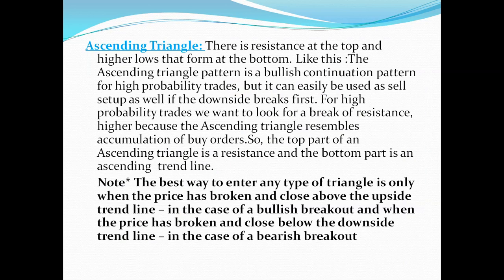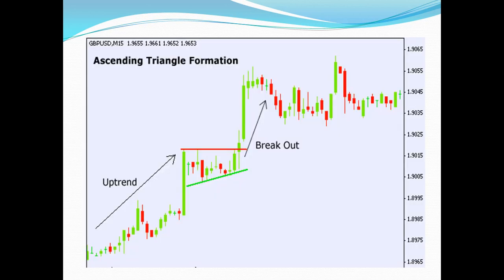Note, the best way to enter a triangle is only when the price has broken and closed above the upside trend line in case of a bullish breakout, and when the price has broken and closed below the downside trend line in case of a bearish one. So you see here it is going in an upward trend, this is a trend line, and here it has broken. So you can see that.